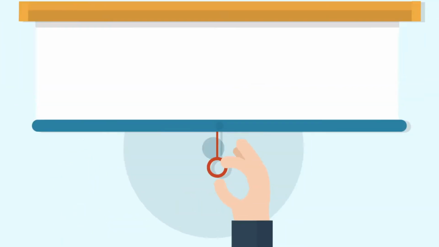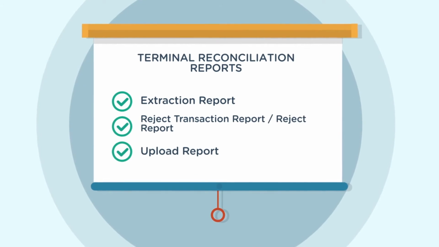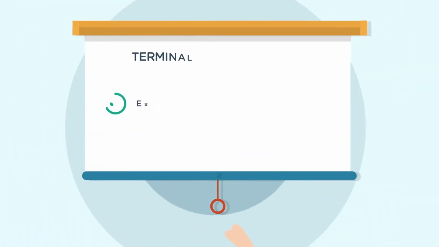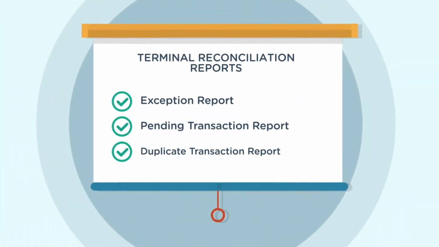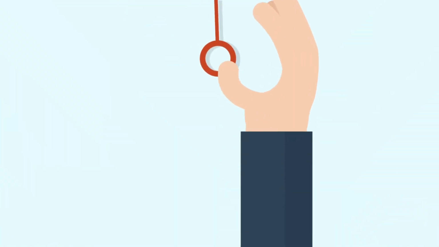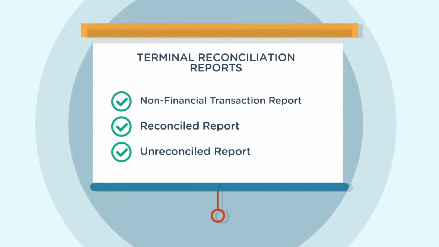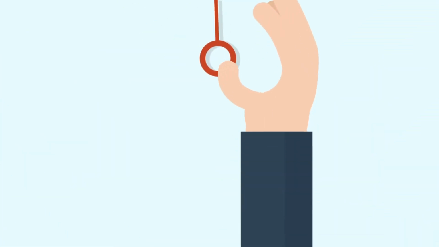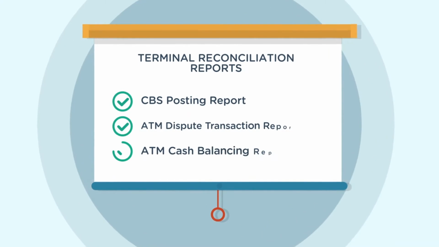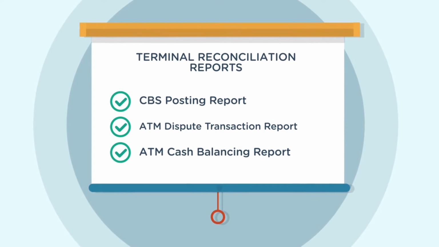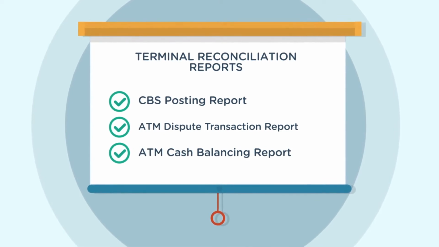We can get various types of reports for these transactions like extraction report, reject transaction report, upload report, exception report, pending transaction report, duplicate transaction report, non-financial transaction report, reconciled report, unreconciled report, CBS posting report, ATM dispute transaction report and ATM cash balancing report like cash loaded, cash dispensed, cash remaining and tallying with CBS.